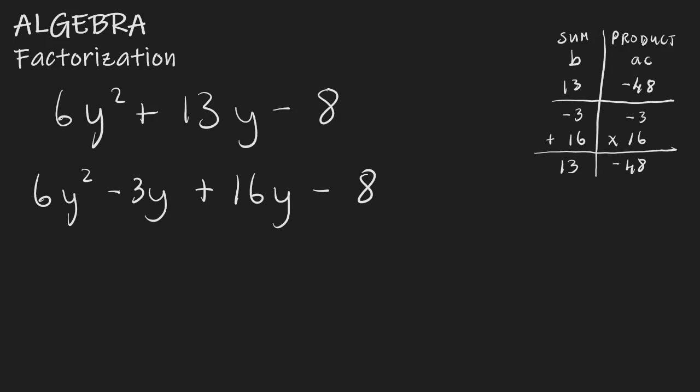I will be factorizing the first pair and the second pair separately. The first pair, 6y squared minus 3y, I will start with the coefficients. My coefficients are 6 and 3. The highest common factor amongst the coefficients is 3. I now find the highest common factor of the algebraic variables in this pair, which is y squared and y.